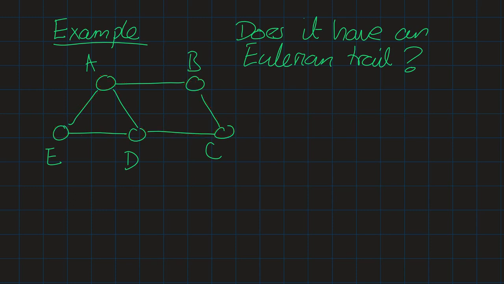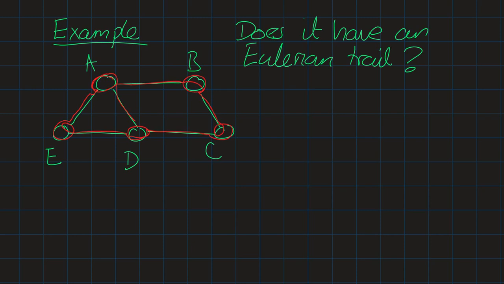Maybe this is one of those examples where it's fun if you pause the video and try it yourself. But I'm going to tell you the answer now. If I start at A, I think I can probably do this like that.